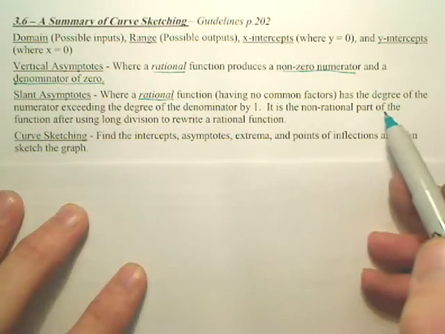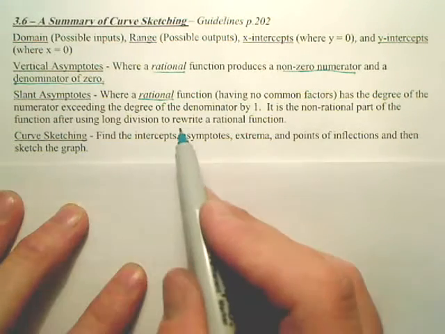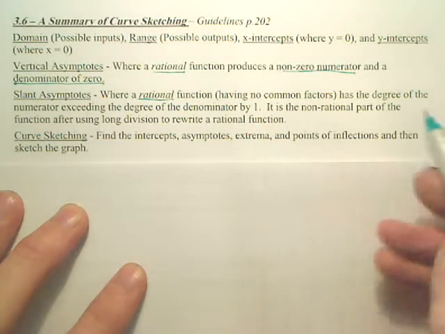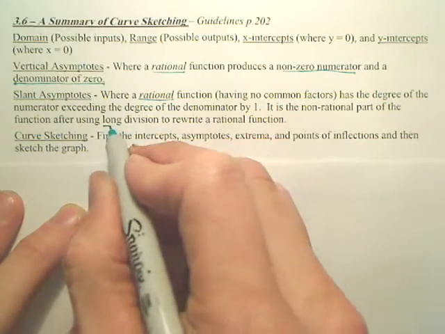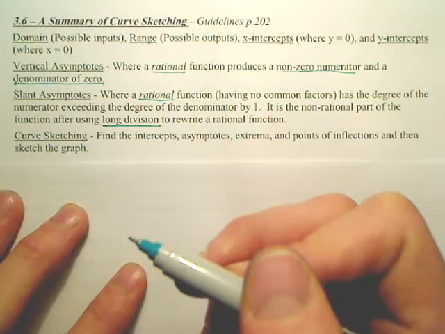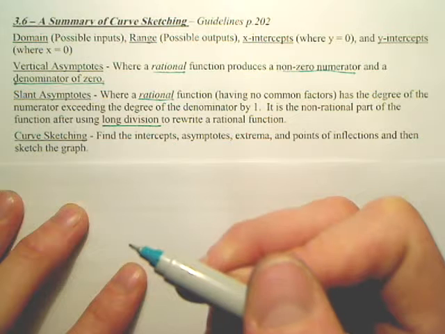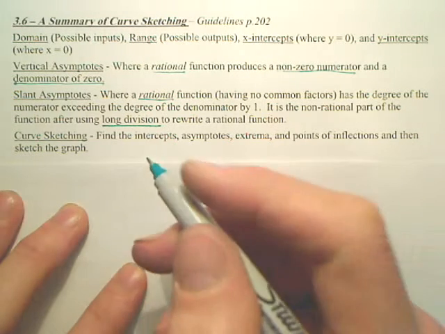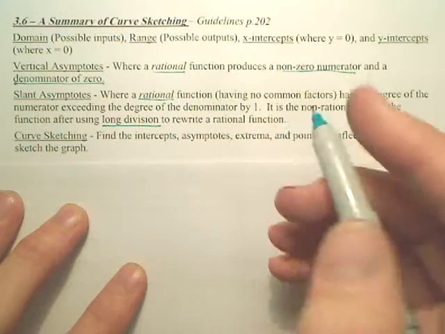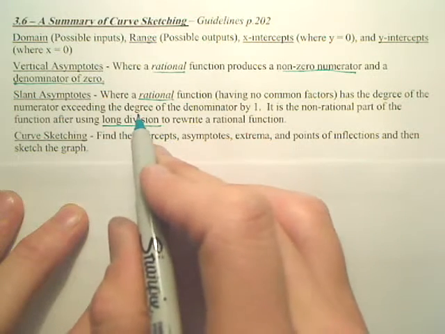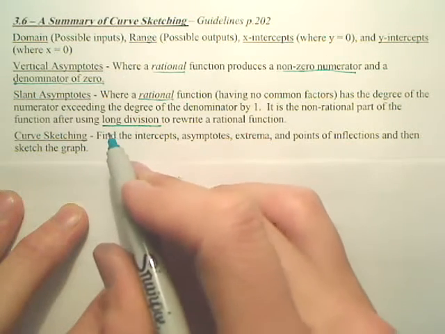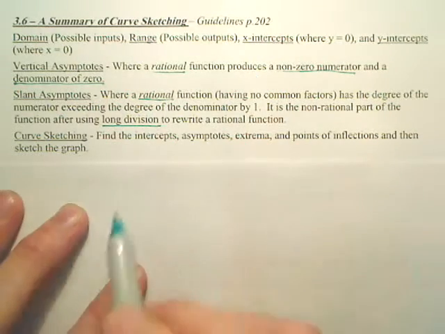You use long division and rewrite your rational functions. Basically, long division is going to come back into play. You're going to take a fraction, long divide it, and the remainder, you'll see, but this is kind of weird. We're going to deal with asymptotes that are at a slant.